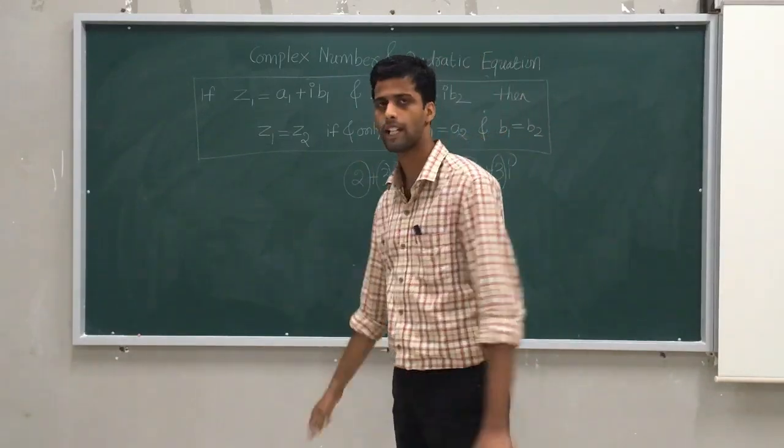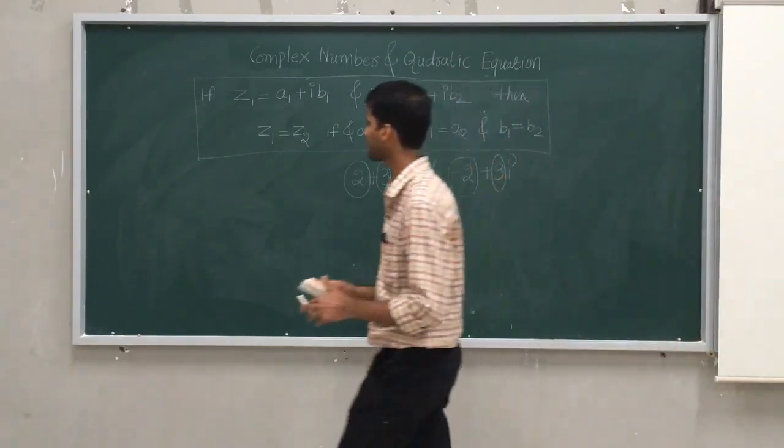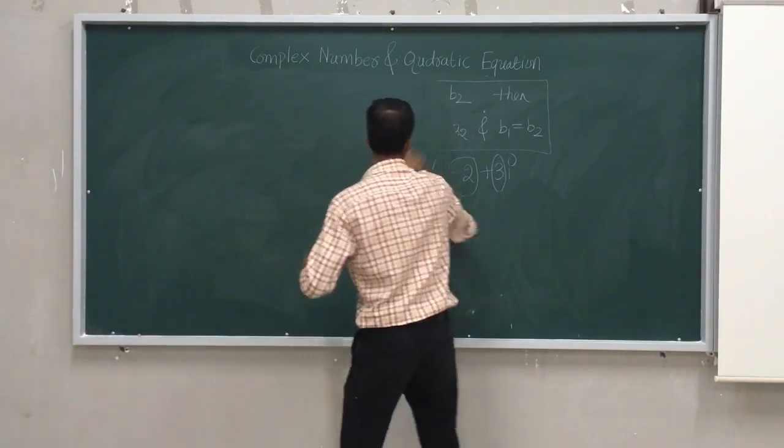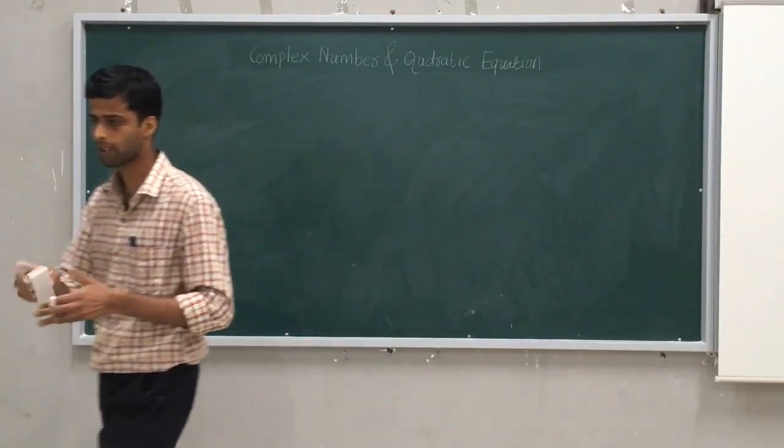So based on this, I'll discuss one question which appeared in a theory test, that is, board exams. Hope you understood the idea about it. Now let me take one problem.